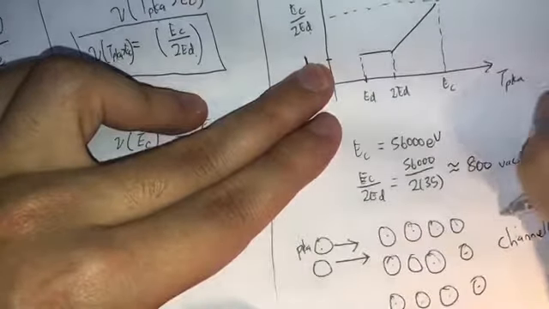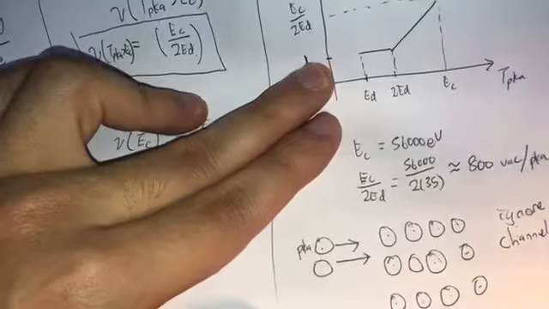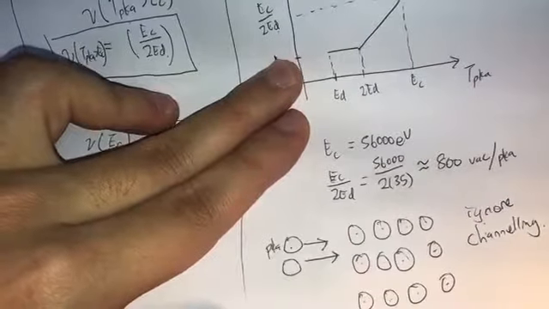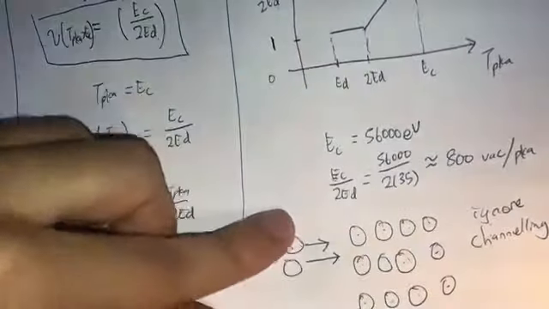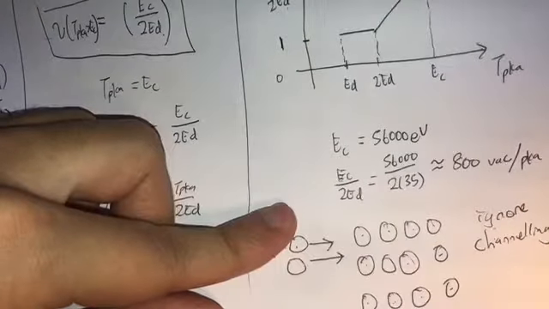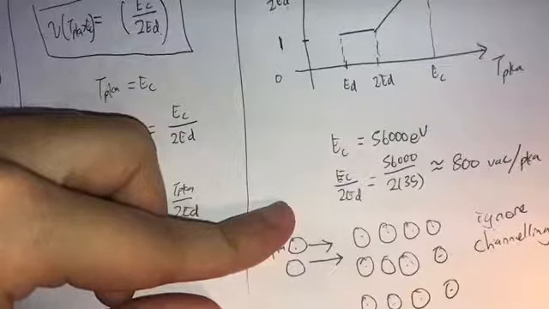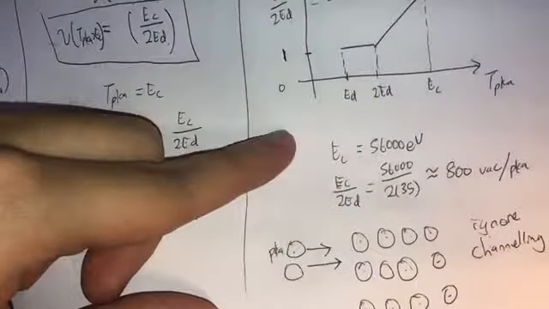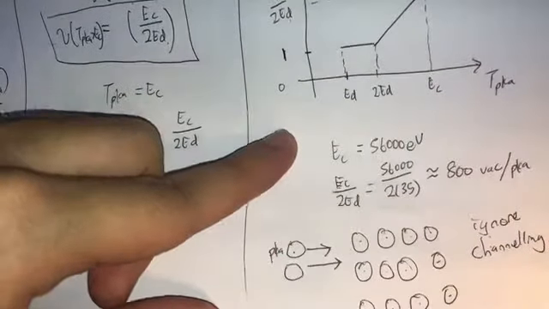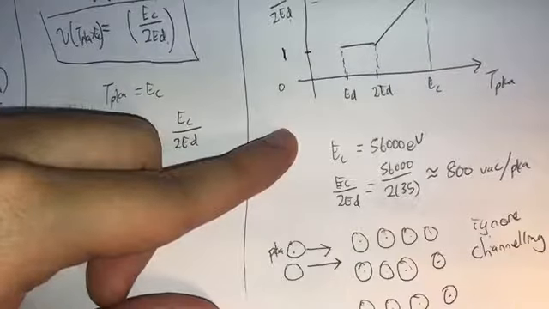So we ignore channeling for this Kinchin-Pease model. We don't think of the effects of the crystal structure. But for a guesstimation kind of thing, this is good enough.